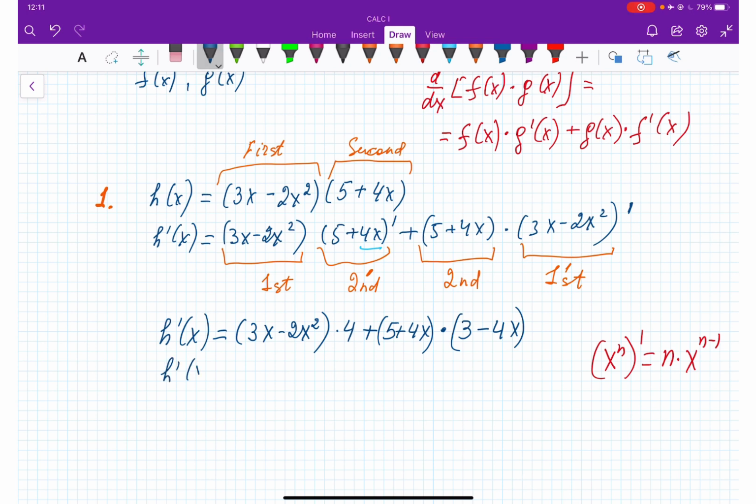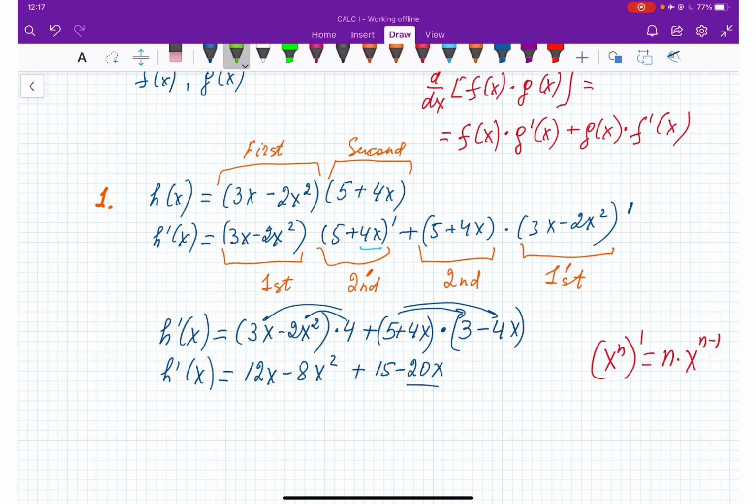h prime of x is equal to... We distribute this 4 by this and this. We get 12x minus 8x squared plus, now we need to distribute this one. 5 times 3x, 15x. 5 times negative 4x, negative 20x.